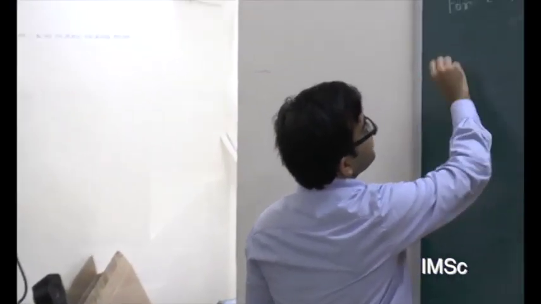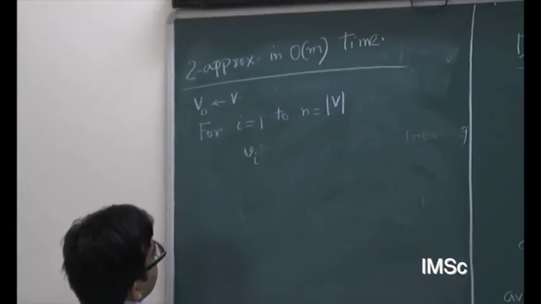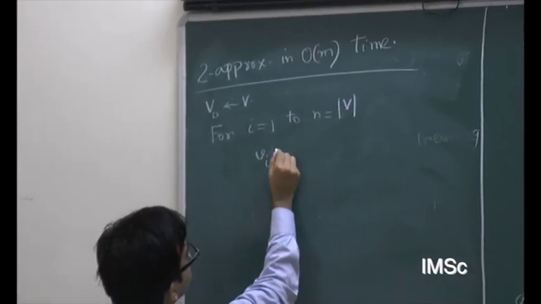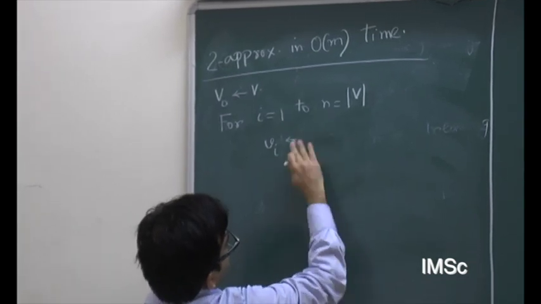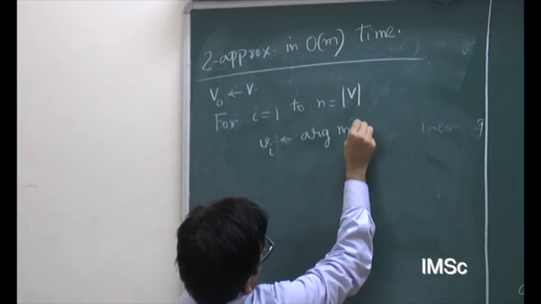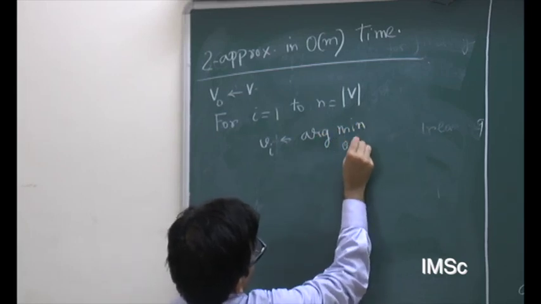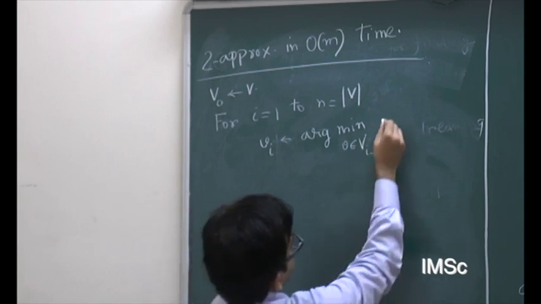So the algorithm is this: for i equal to 1 to n, let vi be the node with minimum degree in Vi minus 1.